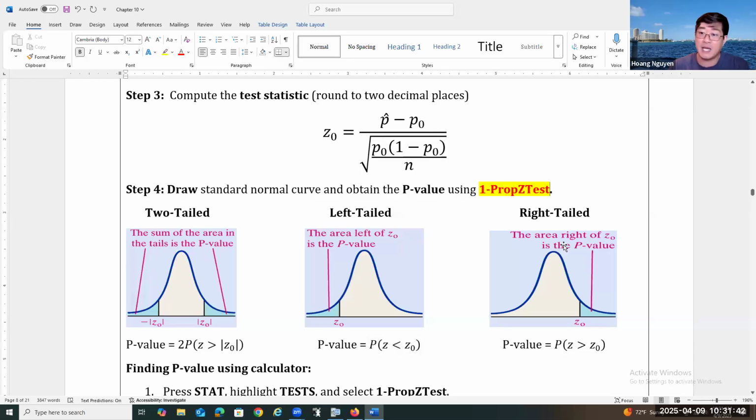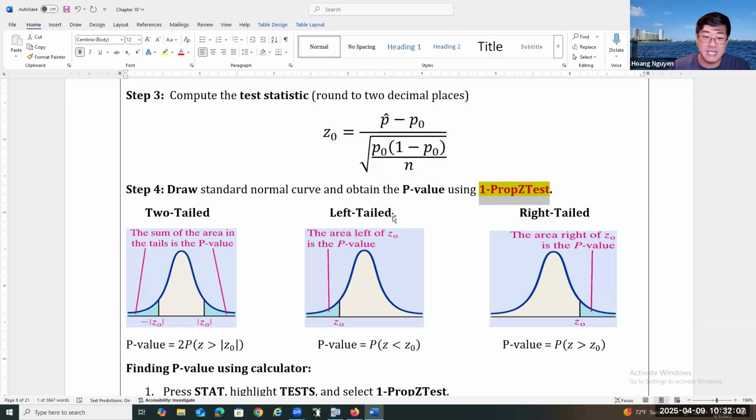And if we have a right-tailed test, then the p-value equals the probability that z is more than z0, which is the test statistic that we have from step number 3. So you might use the shortcut 1-proportion z-test to get the answer for step number 4, calculation of the p-value. So what is the step-by-step that we might use to get the p-value using the shortcut 1-proportion z-test?